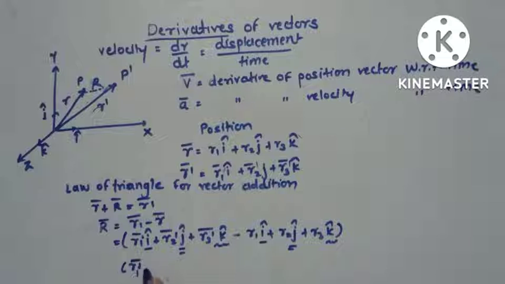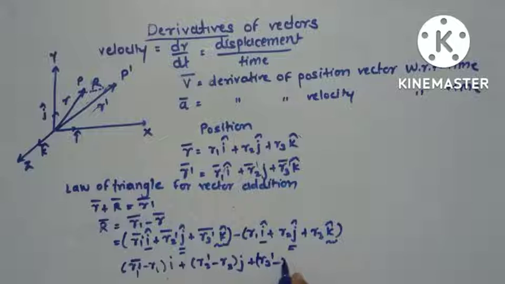So (r1 dash minus r1) into i plus (r2 dash minus r2) into j plus (r3 dash minus r3) into k.